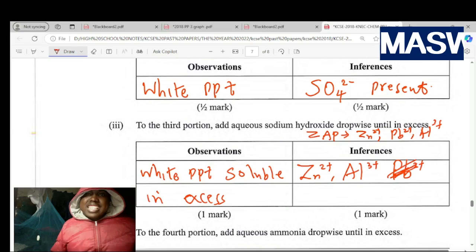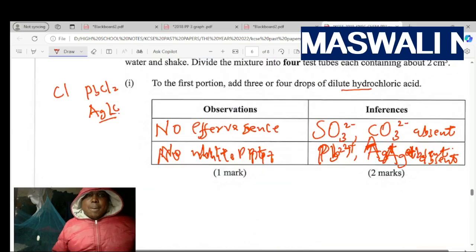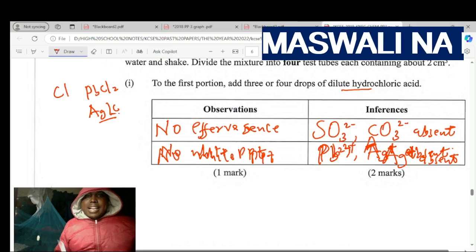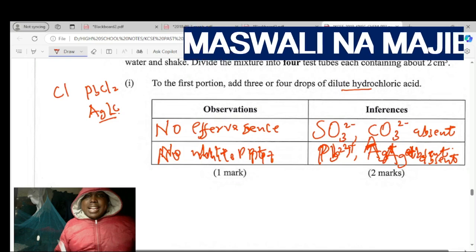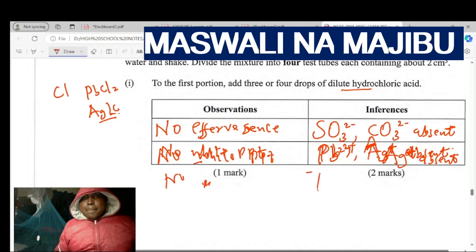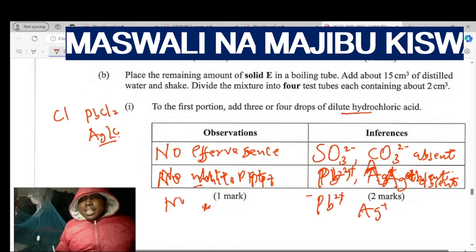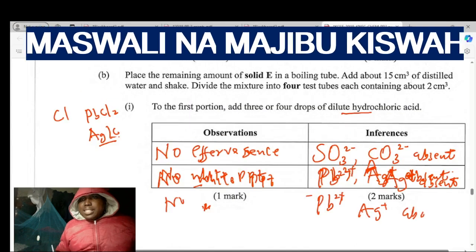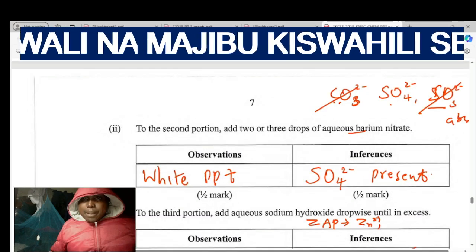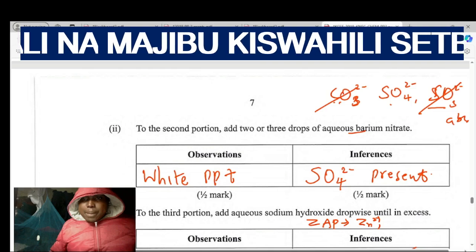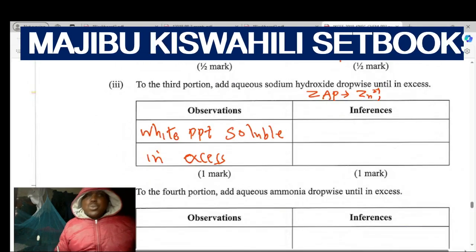Lakini initially hapa tulisema kwamba lead hapa no white PPT, kwa hii no white PPT means that lead, silver is absent. So kama tulisema hapa iko absent, how come tena ukirudi hapa, utakuja kusema iko present? Therefore you will go wrong, and that is why you will fail here.